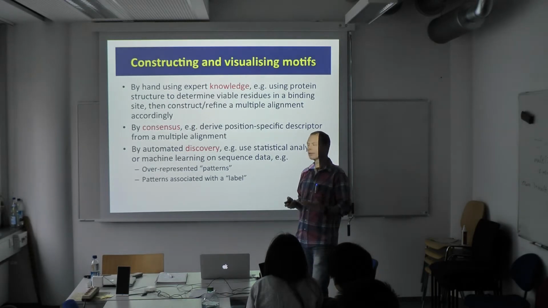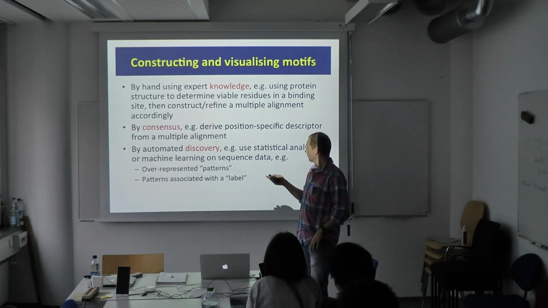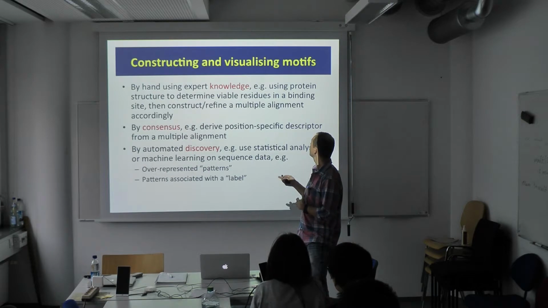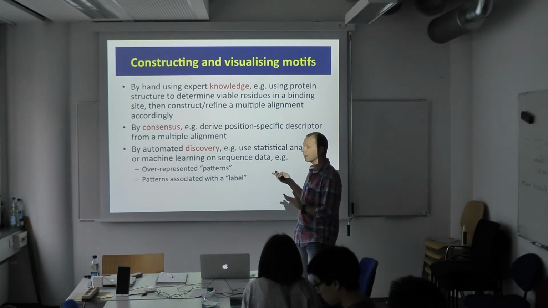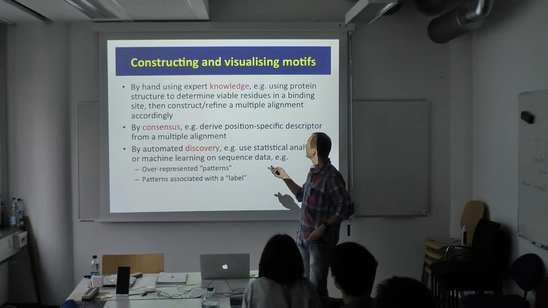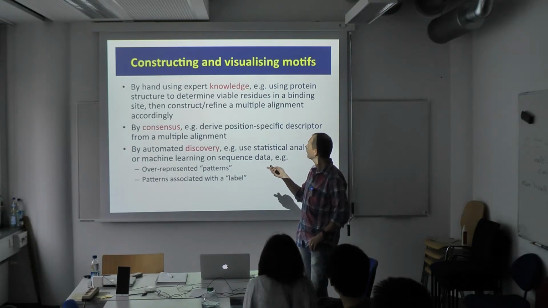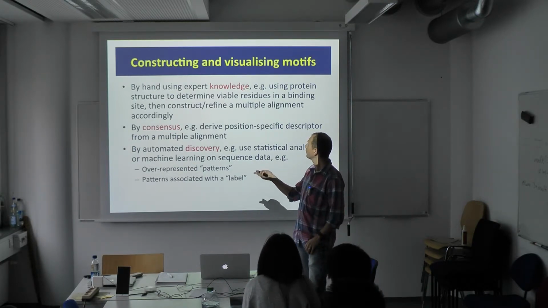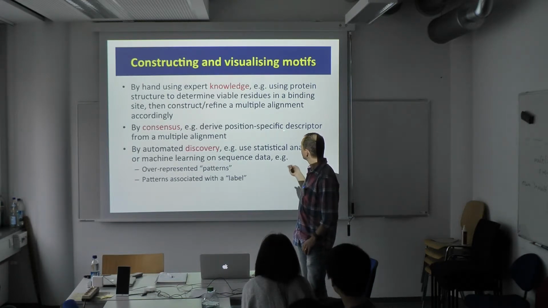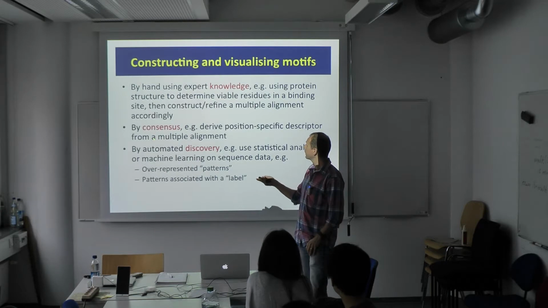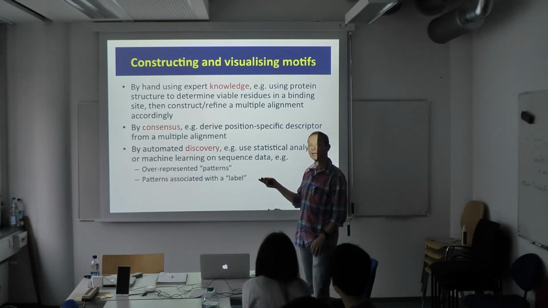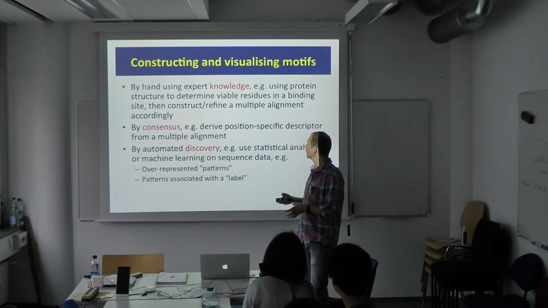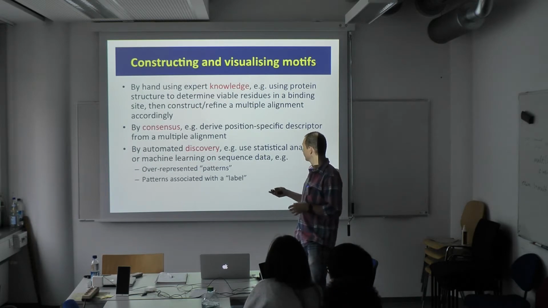Okay, so when we construct these motifs, it could be done by hand, so we might have very detailed, rich information, and I'll exemplify this in just a minute. It could be done from a consensus, where we have information, perhaps in the form of a multiple alignment of many of these, say, binding sites or localization signals or whatever you have.